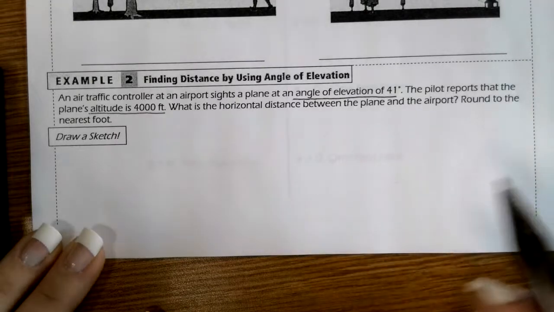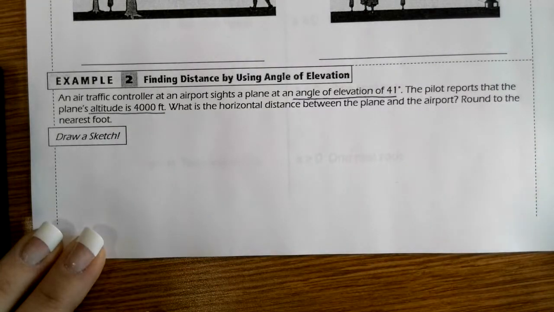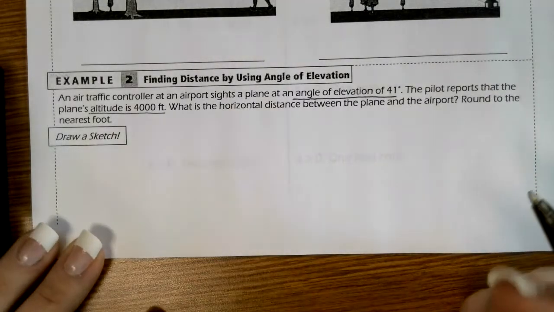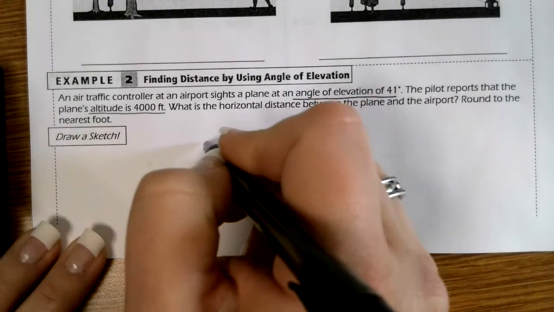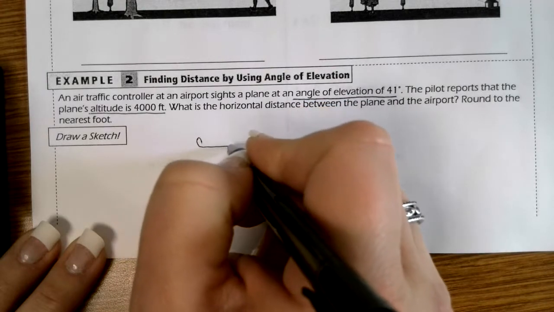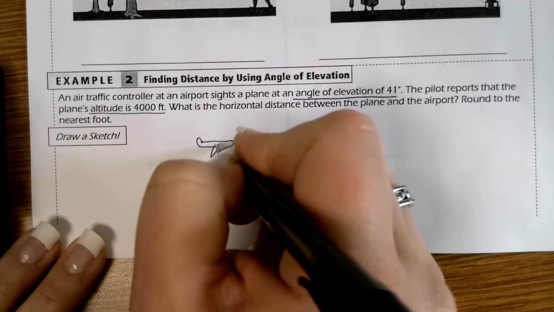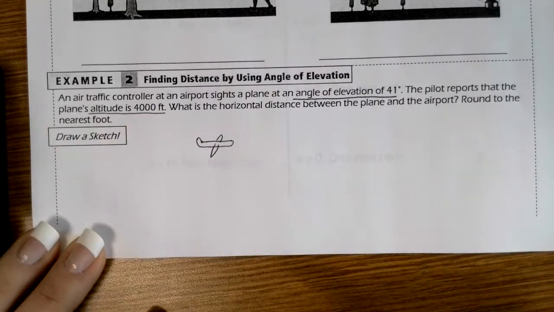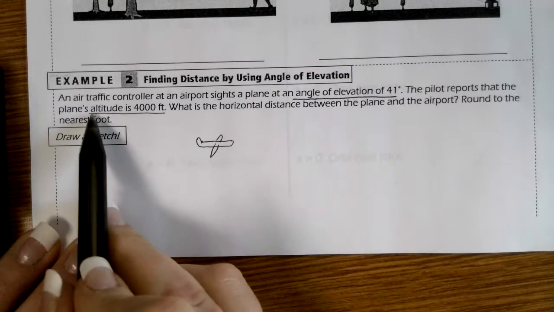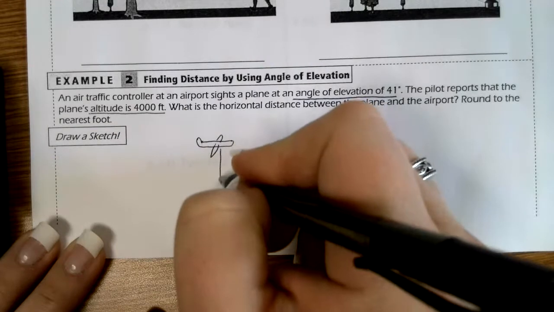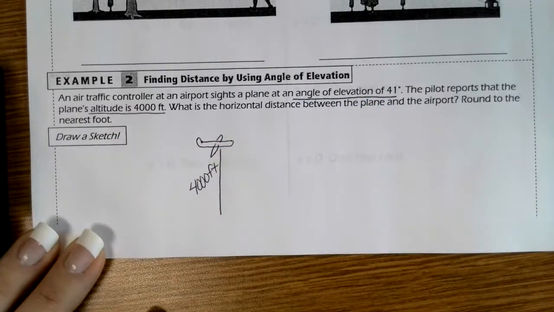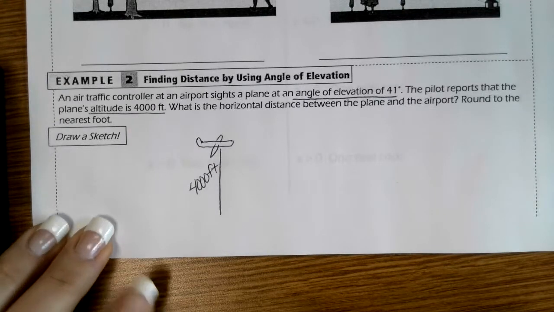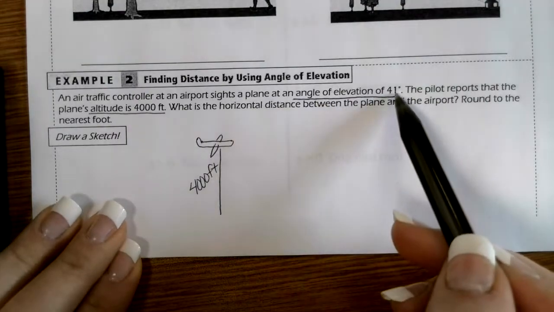Okay, so let's try to draw a picture. You can really view my art skills. Here's our airplane, and we know that it has an altitude of 4,000 feet, so it's straight up 4,000 feet. The angle of elevation is 41 degrees.